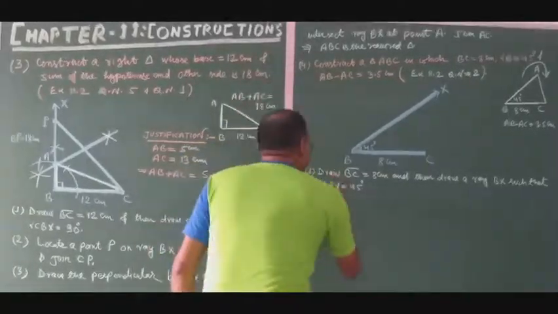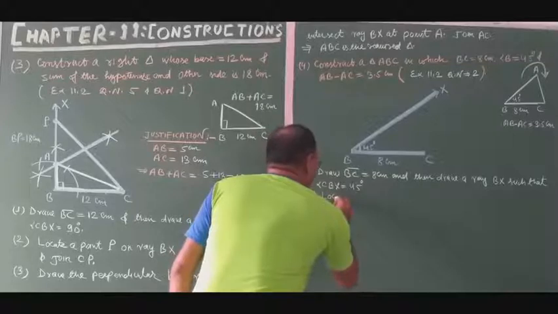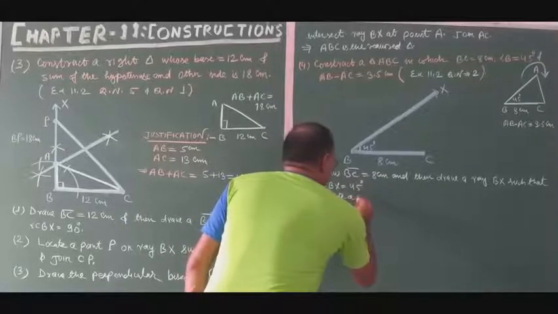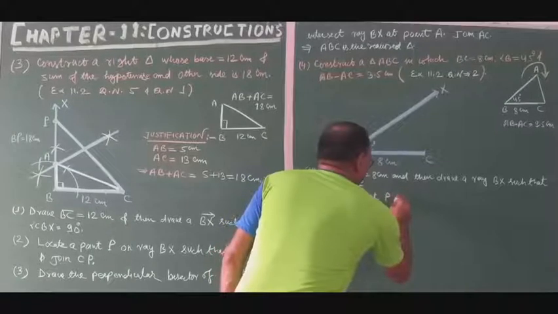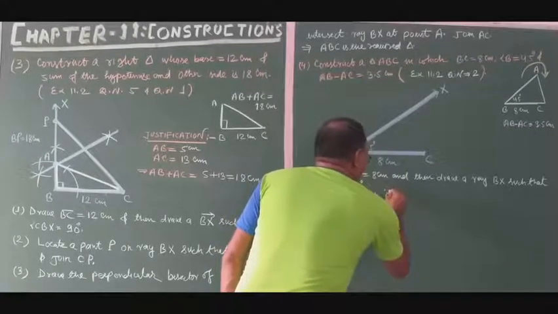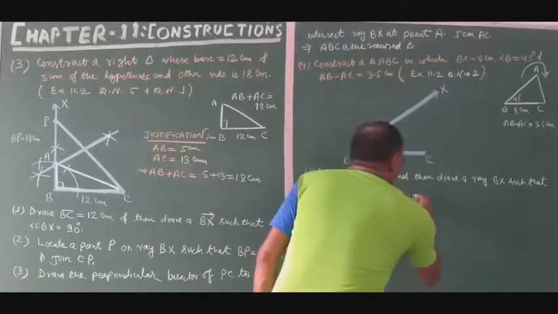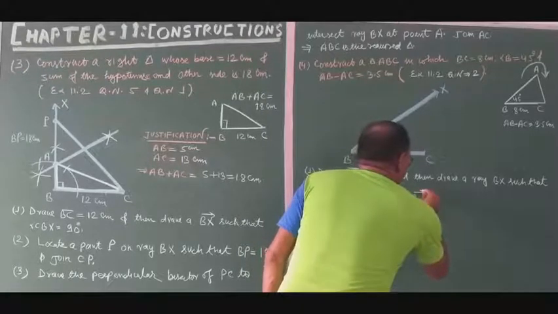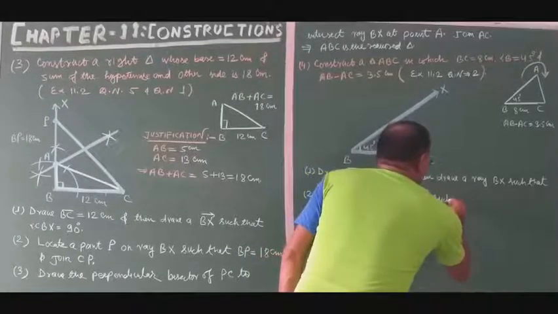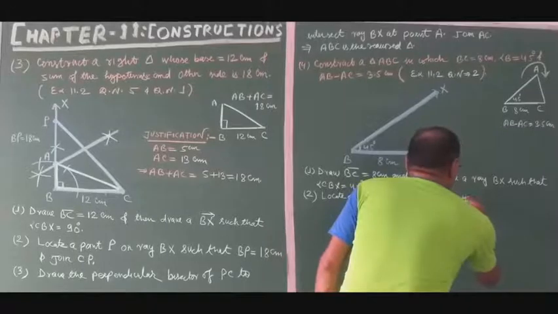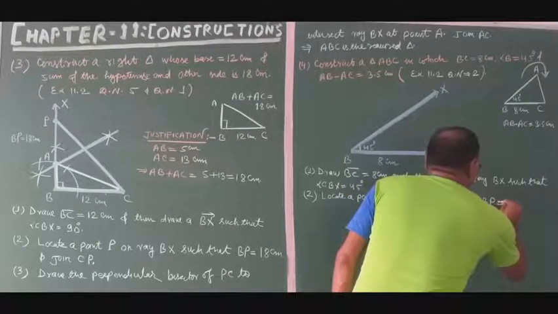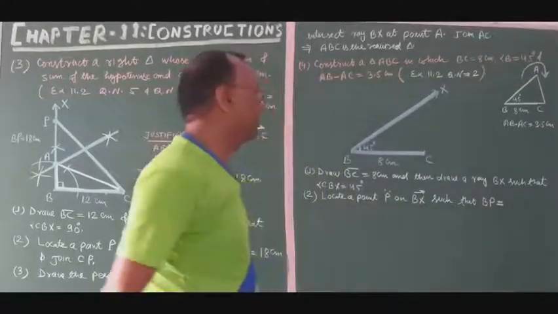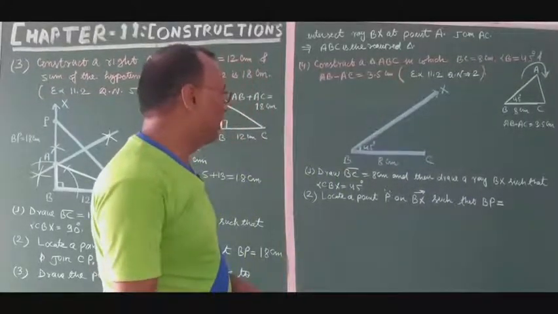And then we will locate a point P on this ray, on ray BX, such that BP should be equal to this difference. How much? 3.5 centimeter.